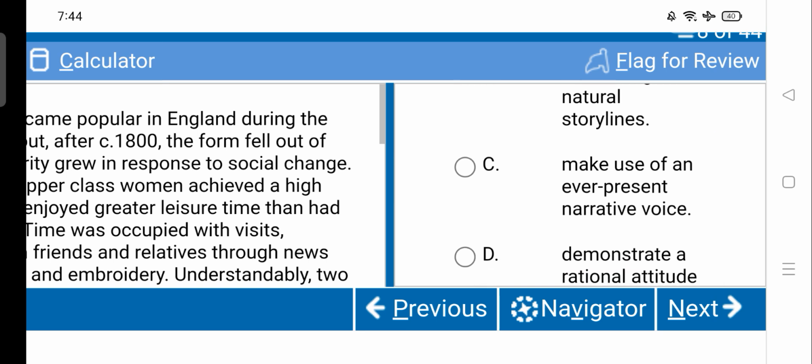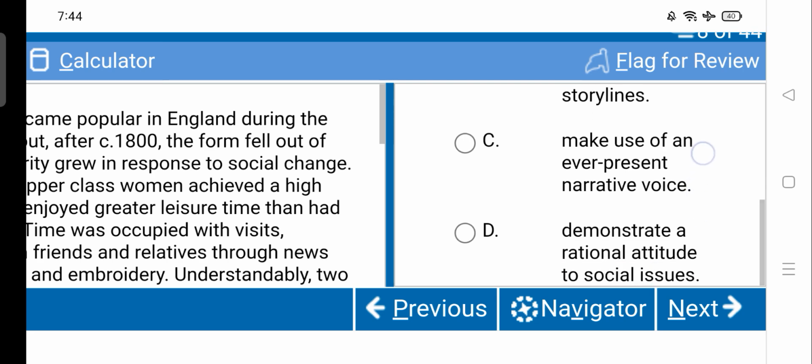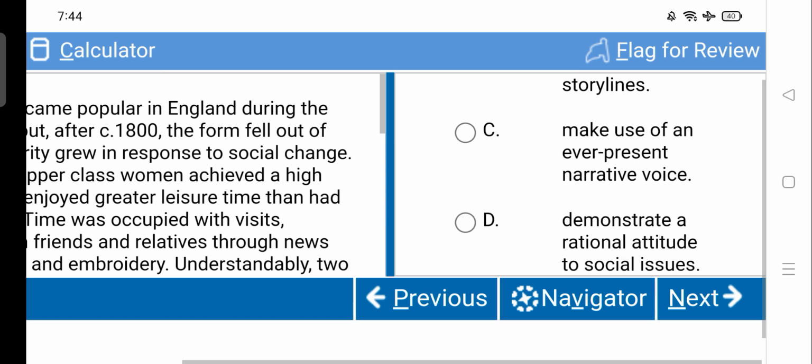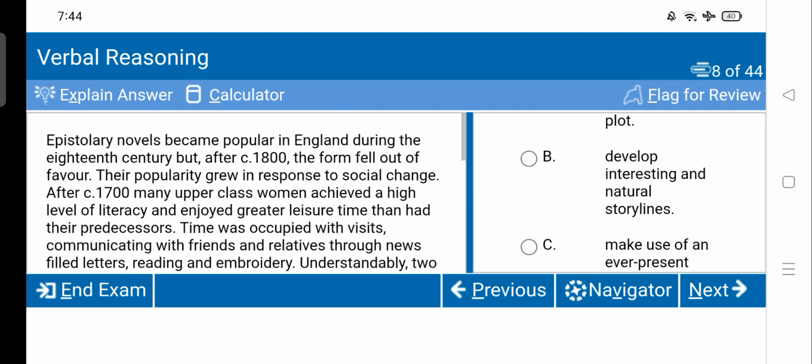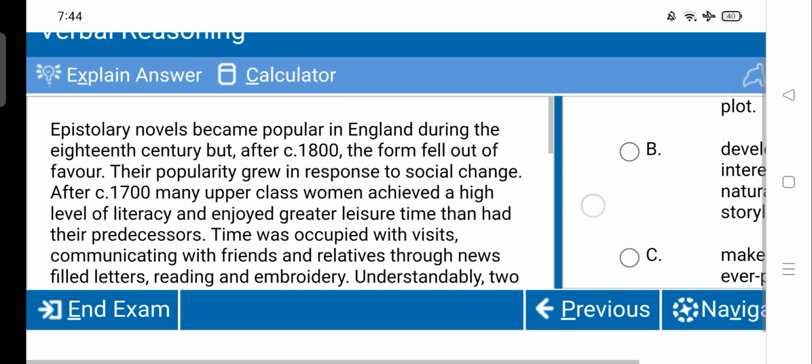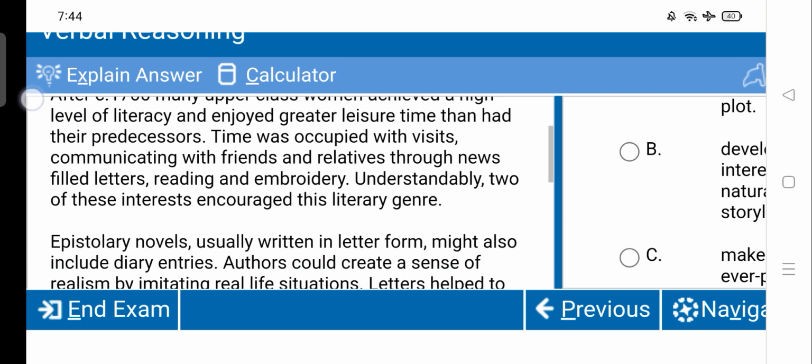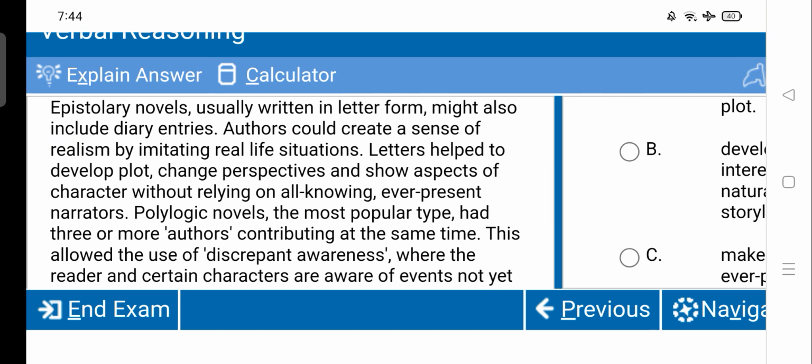Option C, make use of an ever-present narrative voice. Option D, demonstrate a rational attitude to social issues. So here we have these options and we have the same passage to find out our answers.